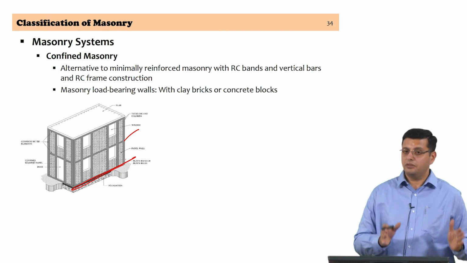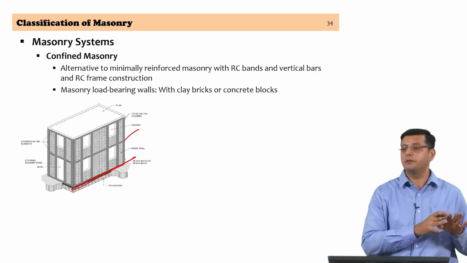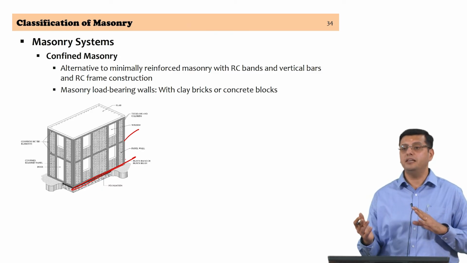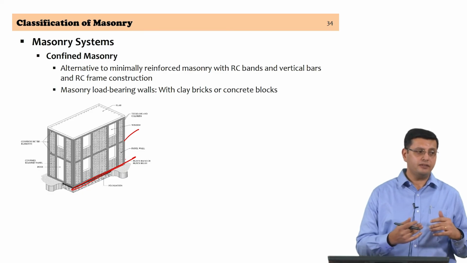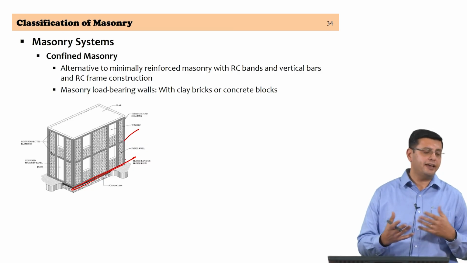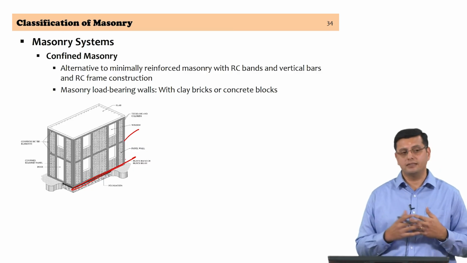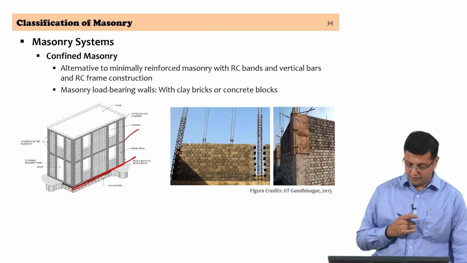So, the vertical load carrying function is by the brick masonry. The lateral load resistance is also by the brick masonry. However, the RC tie elements improve the deformation capacity and allow for lateral resistance and good earthquake performance of these constructions.